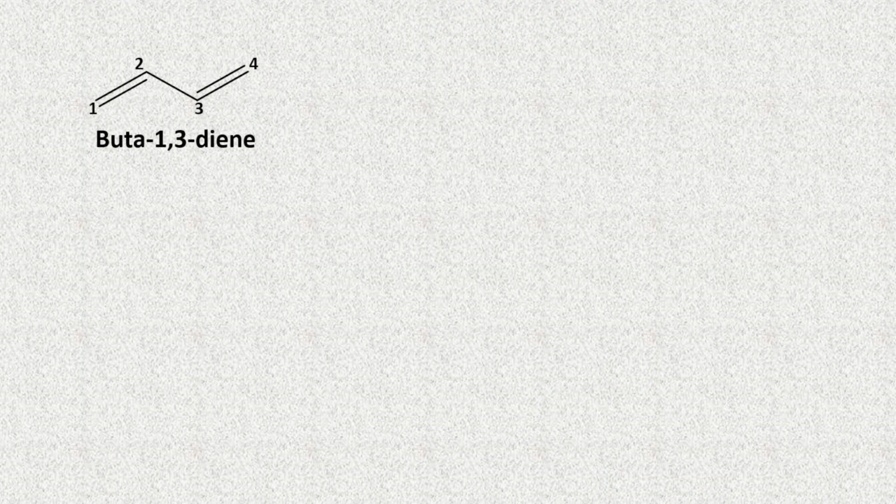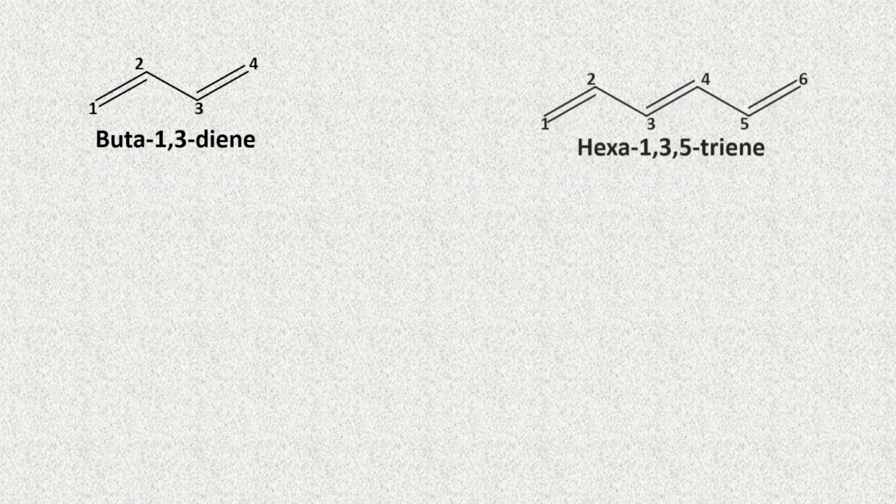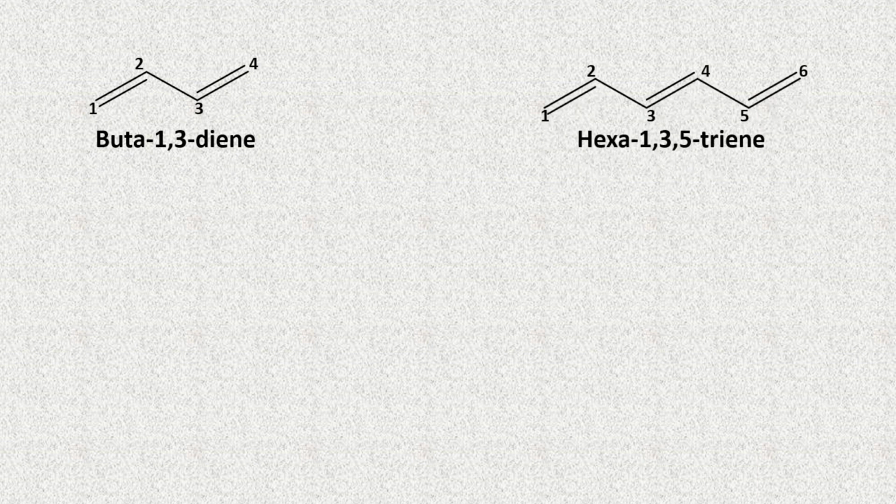Similarly, buta-1,3-diene, hexa-1,3,5-triene. This organic compound has 6 carbons in the parent chain. There are 2 alkyl substituents at locant numbers 3 and 4.